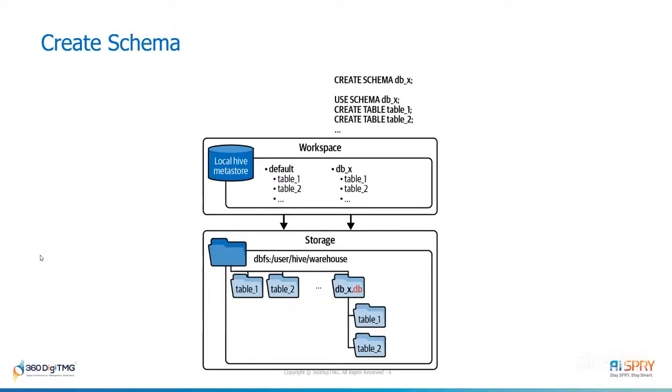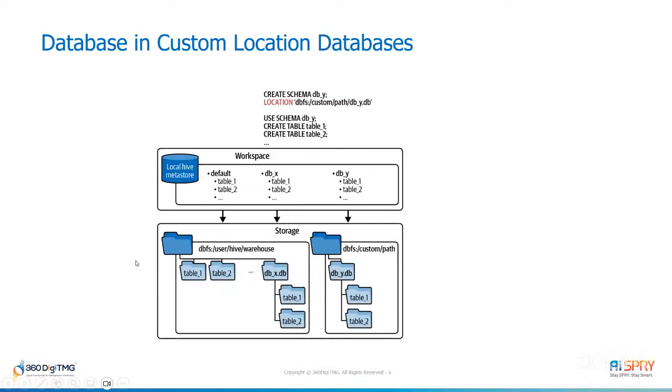And next we will talk about the database, how you create a database in these custom locations. See, this is your default storage. This is the custom path which you have created just now. And this is how you will create it. Sorry, guys. See, the default database is there.